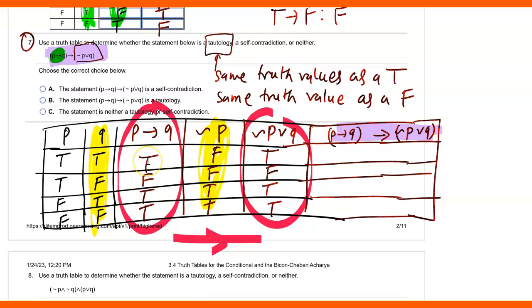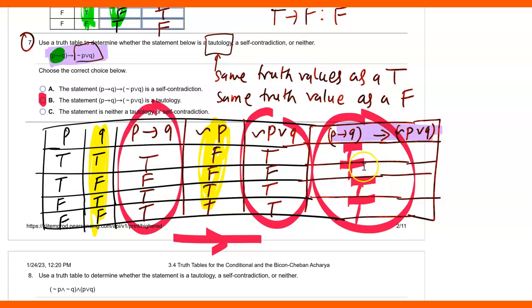Therefore, I'm looking for T right arrow T, which is T. F right arrow F, which is T. T right arrow T, which is T. T right arrow T, which is T. Therefore, I see that all truth values for this final statement are T, T, T, T, the same. Therefore, the given statement is called a tautology.